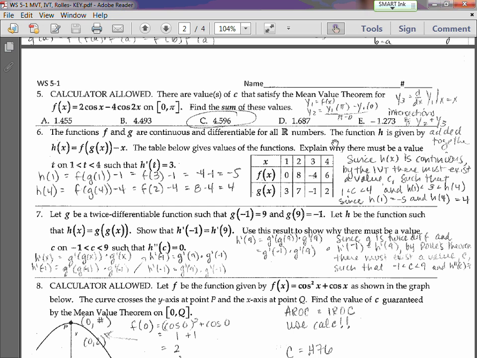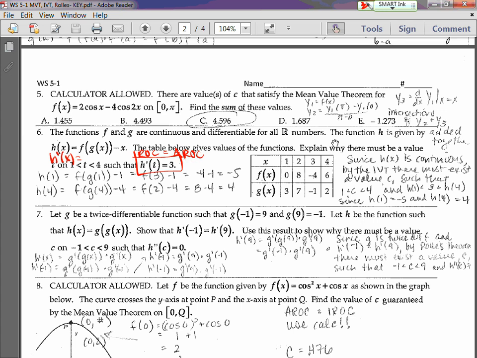So for number 6, if we look at h prime of t equaling 3, then we need to take a look with our mean value theorem. It would say that my instantaneous rate of change must equal my average rate of change. So you do want to go ahead and find h prime of x, which requires you to do some chain rule there.